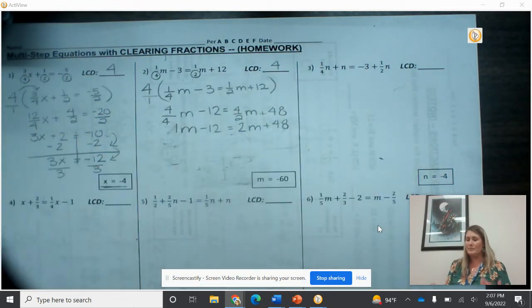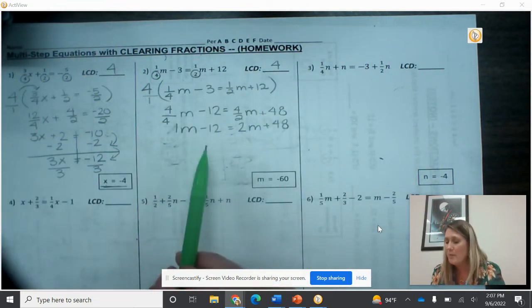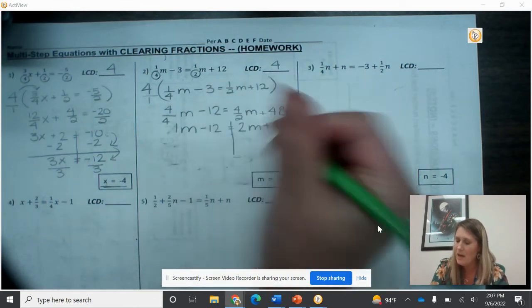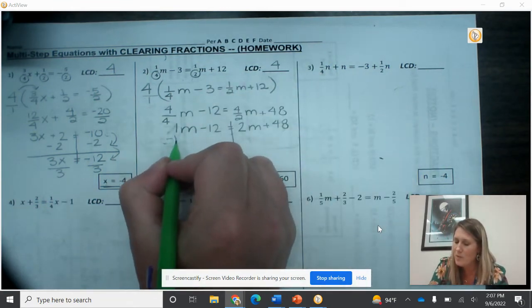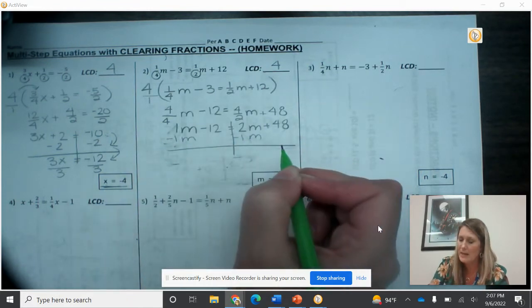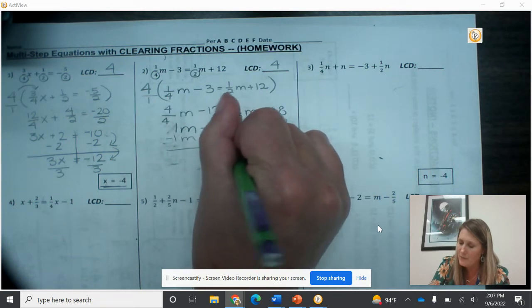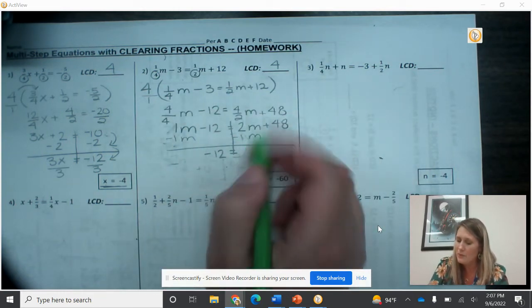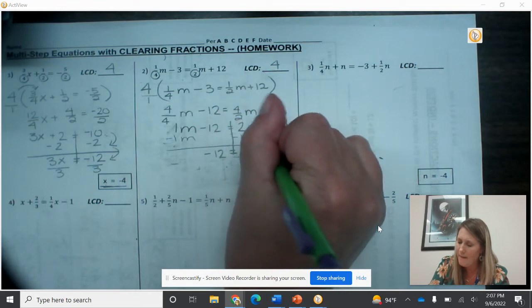All right. So now we have a variable on both sides and we want to move that variable. So what I'm going to do, I am going to subtract 1m from both sides. So I'm showing what I'm doing to both sides and then I'm showing what I'm left with. 2m minus 1m is 1m.